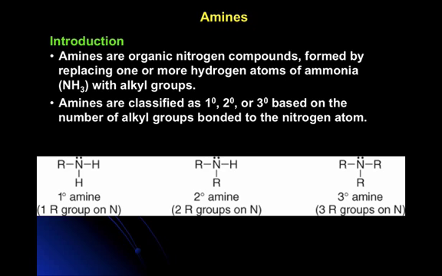What do we call that? An ammonium salt. That's right. Quaternary ammonium salt, because the nitrogen no longer has the basic functional properties of the lone pair of electrons. Okay? So we've already talked about primary, secondary, and tertiary amines. We're not going to spend a whole lot of time on that.